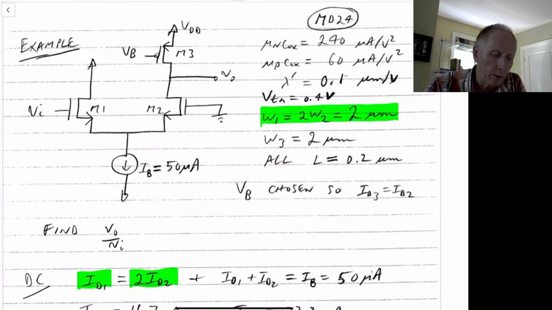So we're doing this DC analysis for the case that VI is equal to 0, so effectively we're grounding this over here. That means the gate to source of M1 equals the gate to source of M2. If the width of M1 is twice the width of M2, then it has twice the current of M2.